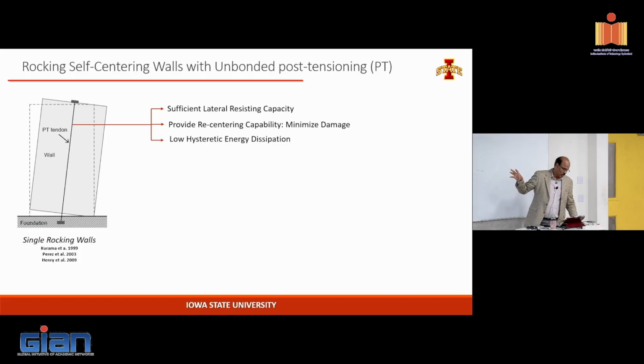what can this wall do now, because we got this concept, the controlled rocking concept. We know that we can provide adequate force resistance. We can provide recentering capability. I've touched on it. If you're not clear, let me know, and I'll go into that in more detail.